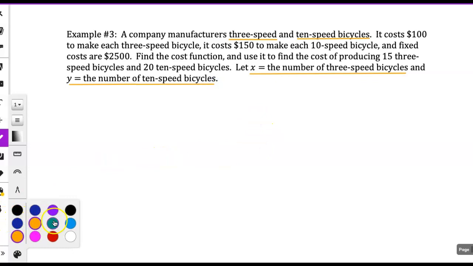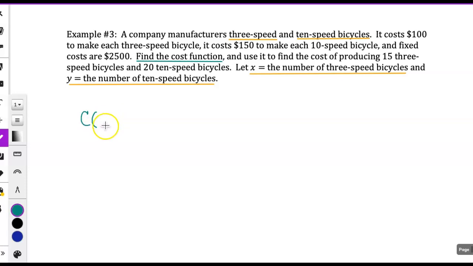What it wants us to do is write the cost equation. Well, that means that we're going to write C of, now the cost is not just dependent upon X, it's dependent upon both X and Y. So the cost of X and Y is equal to, so 3-speed bikes are $100 a bike, so this would be 100X.